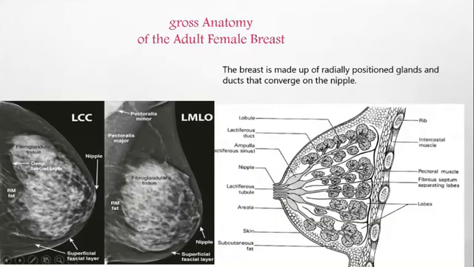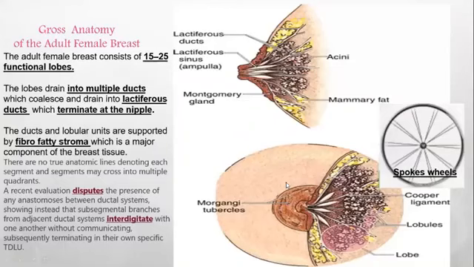And we mentioned that the breast is composed of about 15 to 25 lobes or functional units, more or less separated by fibrous septa or the Cooper ligaments.